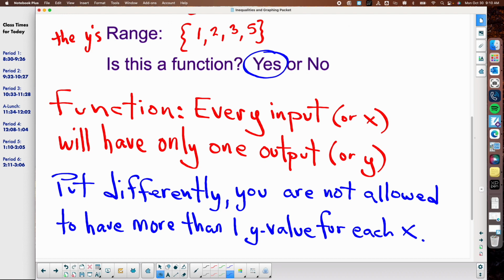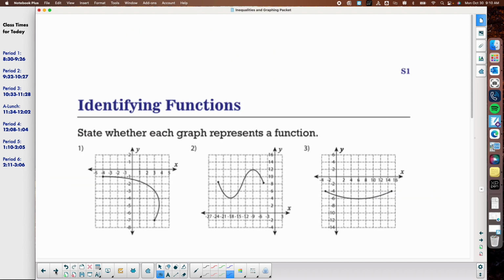When we look at the page next, it's much easier to look for no answers than it is yeses. Because I think some of you, this isn't going to make any sense when I say it is a function. It's easier to figure out when it is not. So this whole page is all pictures and graphs.